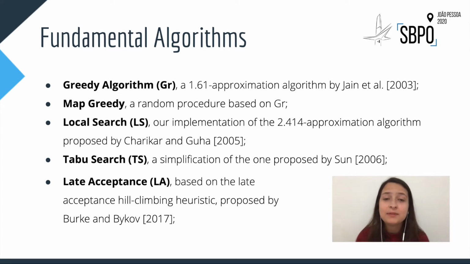In the late acceptance, our accepting criterion is that the solution is better than the current one, or it's better than the solution considered a number of iterations before. If we achieve the maximum number of iterations in which the current solution does not improve, or the number of iterations without improving the best solution found so far, we stop.